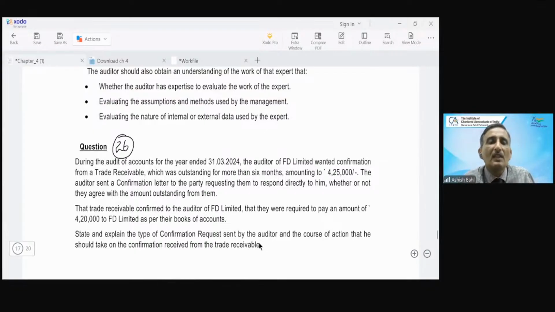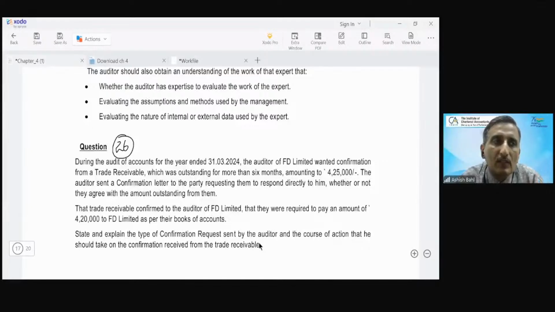Yes, now see question number 26. During the audit of accounts for year ended so and so, the auditor of one company wanted confirmation from a trade receivable. So in the books of accounts of the company, the amount was outstanding as 4,25,000. So what did the auditor do? Auditor sent an external confirmation request, because he thought it proper.